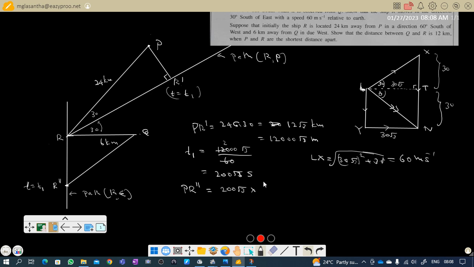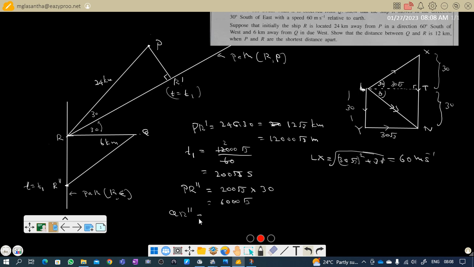What is the relative velocity? That is Vy, which is 30. So multiply by 30. So this equals 6,000 root 3. Then what is QR double dash?